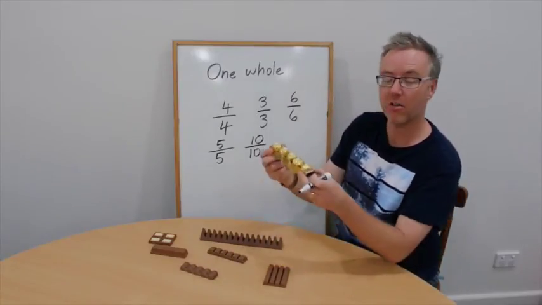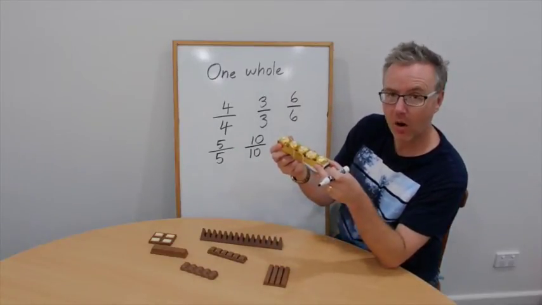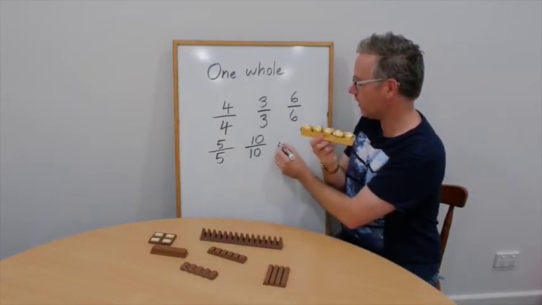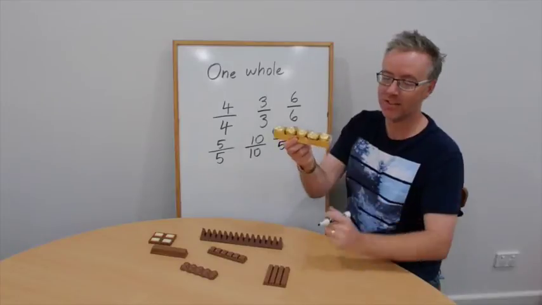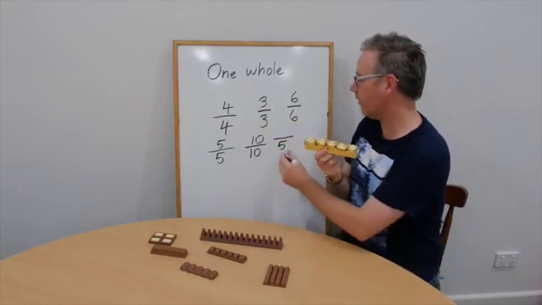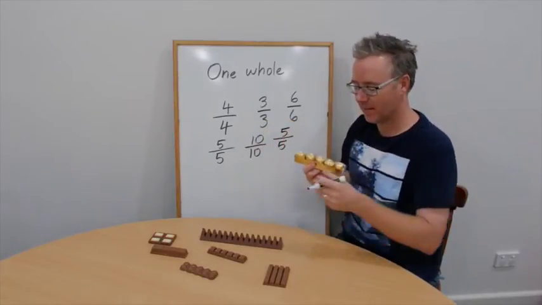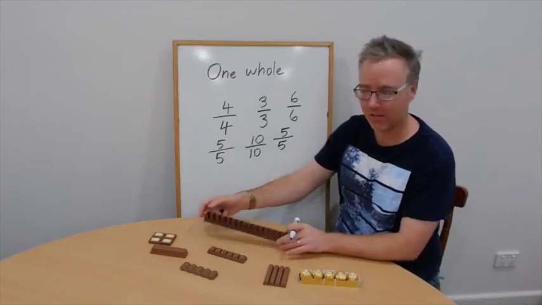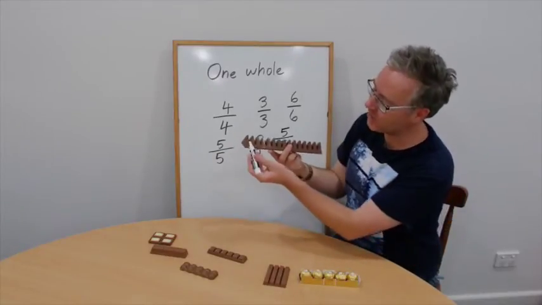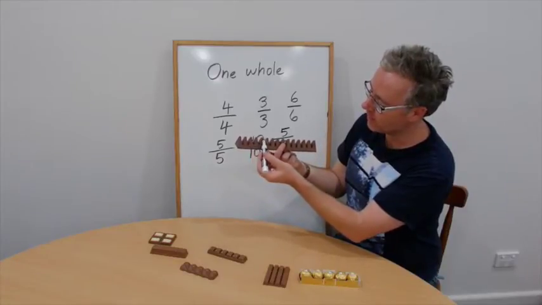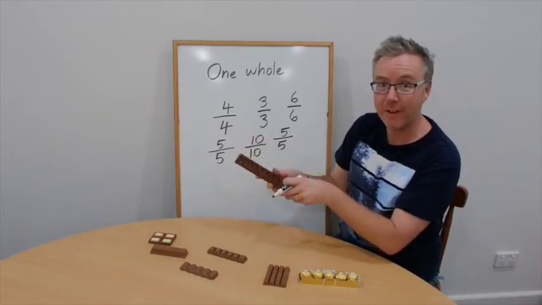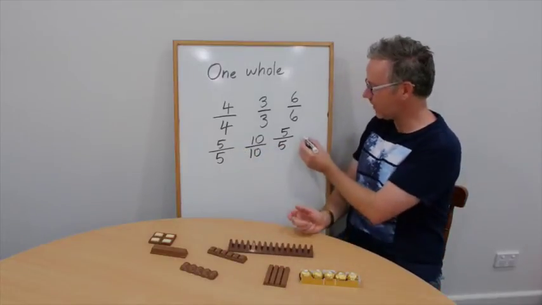This box of Ferrero Rocher, this whole is broken up into 5 equal parts. And of course, you can see I still have all 5. And last one, I have this large Toblerone. It's divided into 2, 4, 6, 8, 10, 12, 14, 15 equal parts.